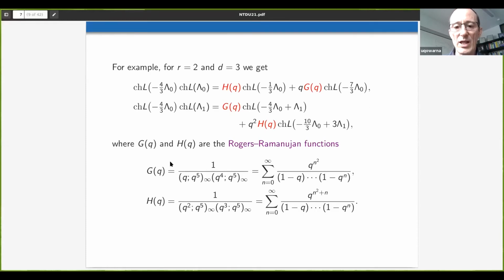And even in the case of Rogers-Ramanujan, this already led to many important other discoveries, such as vertex operator algebras, which ultimately, I guess, played an important role in monstrous moonshine and things like that. So these are really important questions.